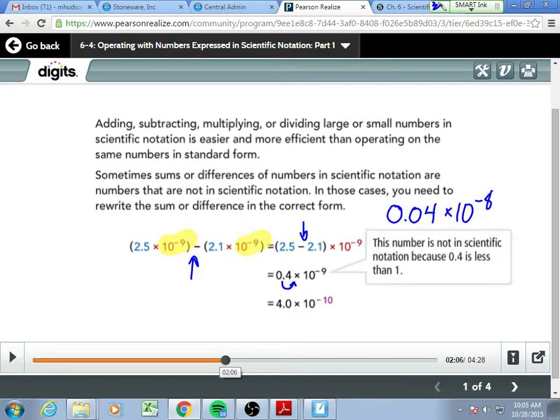Because if we took our decimal left, the power would go up, which takes us from negative 9 to negative 8. So can we write it as 4 times 10 to the negative 8th power? 4 times 10 to the negative 10th.